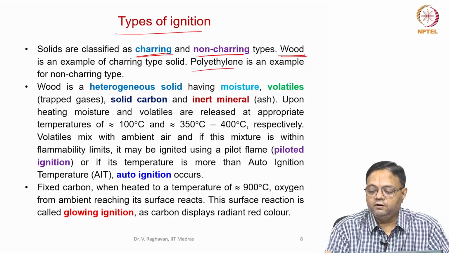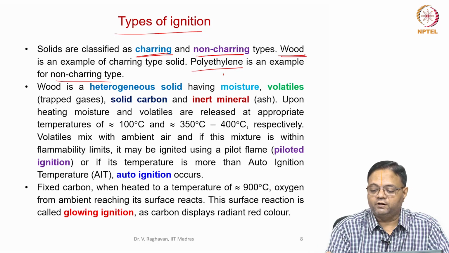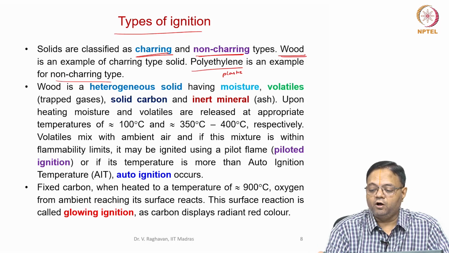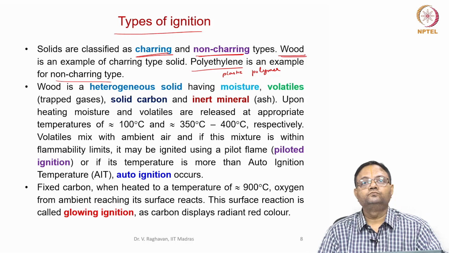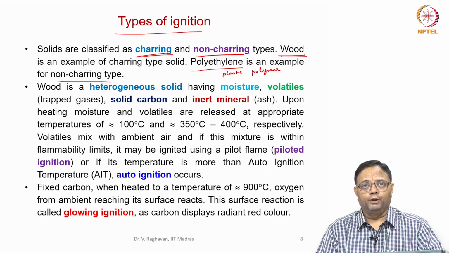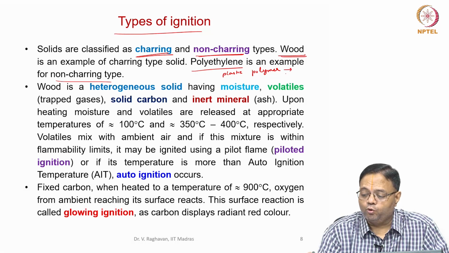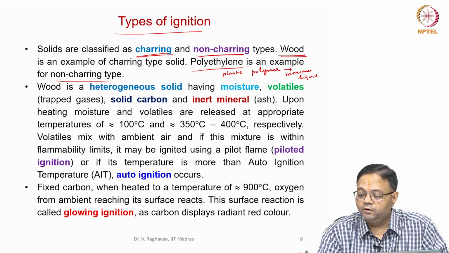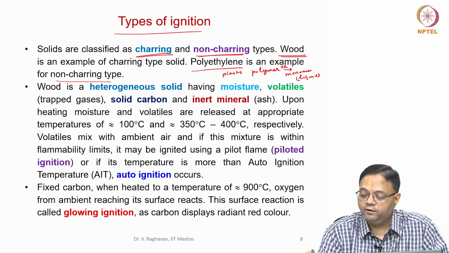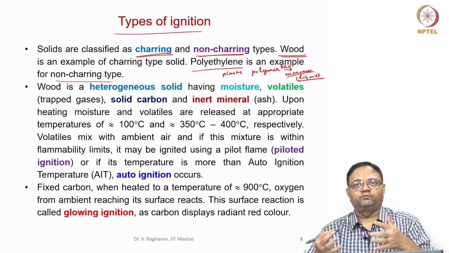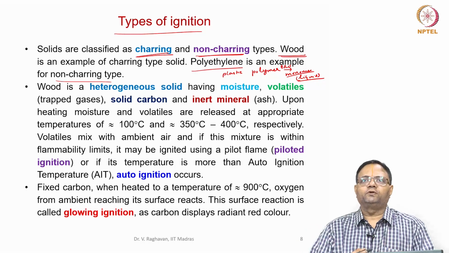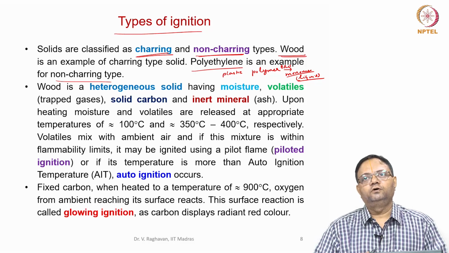Polyethylene is an example of a non-charring fuel; it is a plastic, or we can say a polymer. This polymer is a solid made up of monomers, which are generally liquid. Several monomers, subject to some temperature and pressure, will cause polymerization.